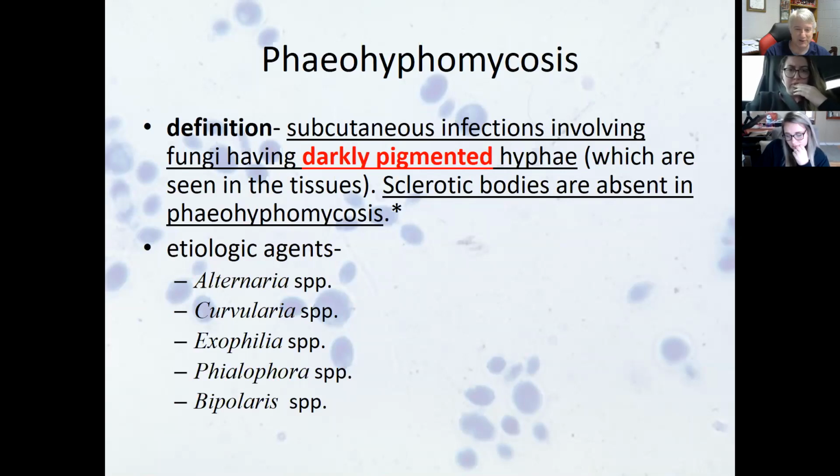The etiological agents here are Alternaria, Curvularia. I think we have Curvularia today, Exophiala, Phialophora, and Bipolaris. Our species names with our phaeohyphomycosis. So we would expect to see these growing with dark pigments on our plates, and we do see that.